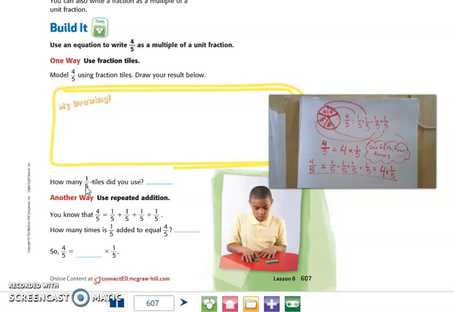As you can see in the picture, I've used 4 of them. So how many times is 1/5 being added? Let's see if the pen's going to work for me right now. 4 times. So 4/5 equals 4 times 1/5.